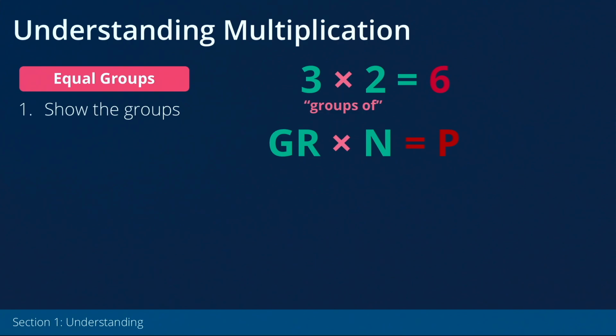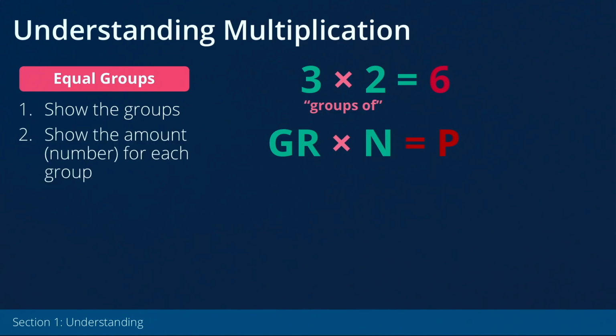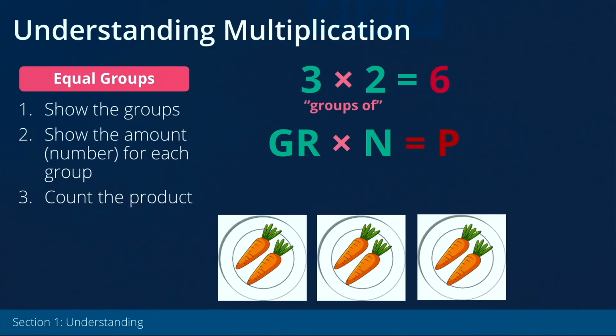And then I want to tie some visuals into that. So first I might want to show my groups, and then show the number for each of those groups. So there I have 3 groups with 2 in each group, and that equals 6.